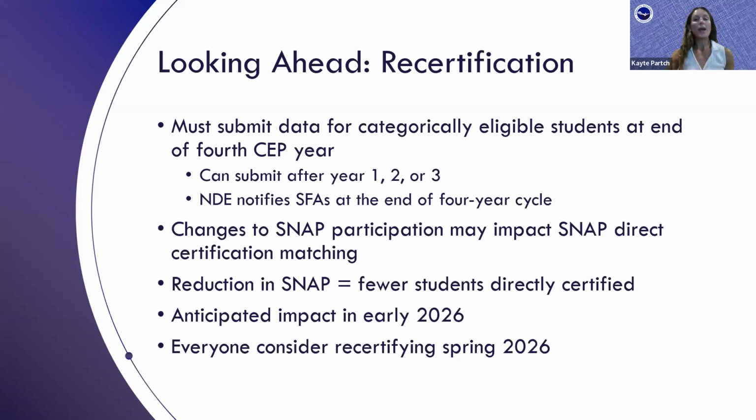And you don't have to do anything with that for 4 whole school years before you have to think about it again. Okay, you can submit that data to us earlier to recertify a new 4-year cycle before the 4-year cycle you're in is finished.